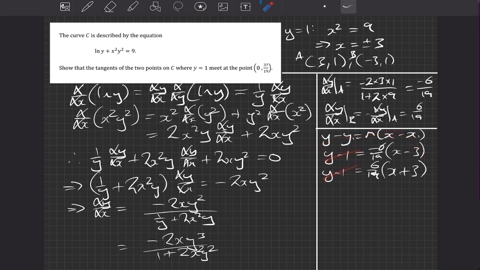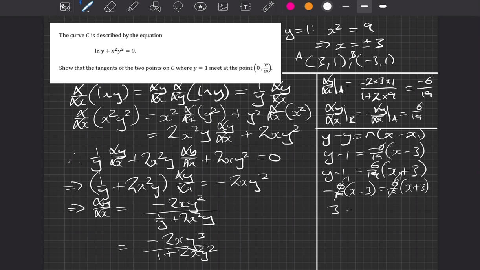The left-hand side is the same, so we can just equate the two right-hand sides. So what we're going to get then is minus 6 on 19, x minus 3, is equal to 6 on 19, x plus 3. So we can cancel off the fractions, the 6 and the 19 at the start, and expand our bracket on the left.